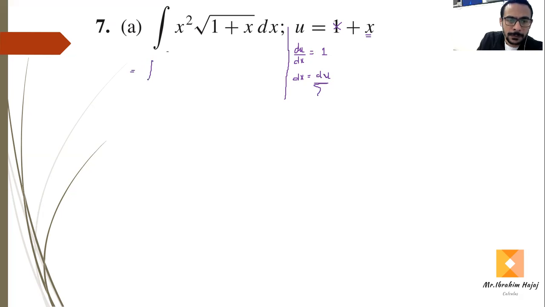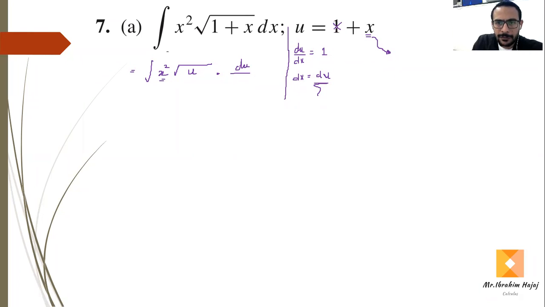And the question, the integral of x squared, leave it, root u times the dx. The dx is du. So we still have x squared. What should we do here? We can find the x from here, right?